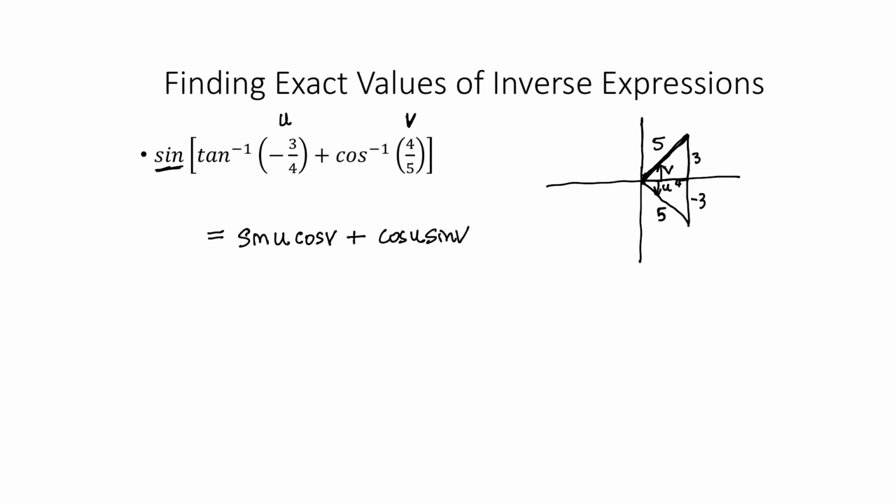Now looking at our angles that we have here, we know that if we look at angle u, the sine of that would be negative 3/5. And that's going to be multiplied by the cosine of v, and the cosine of v we know is 4/5.